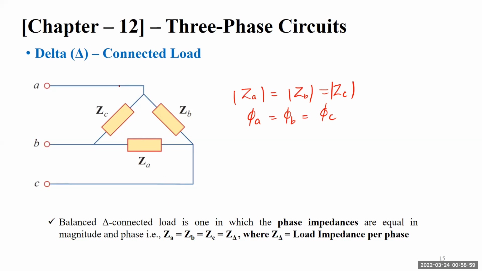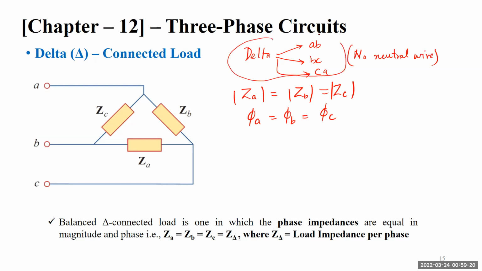In delta, the phases are AB, BC, and CA. Remember, there is no neutral wire or neutral conductor, and therefore there is no AN phase. So the phase in delta is between two lines: AB, BC, and CA.